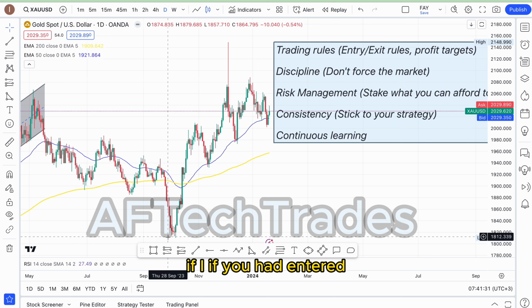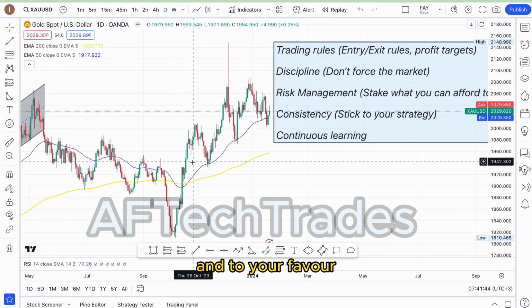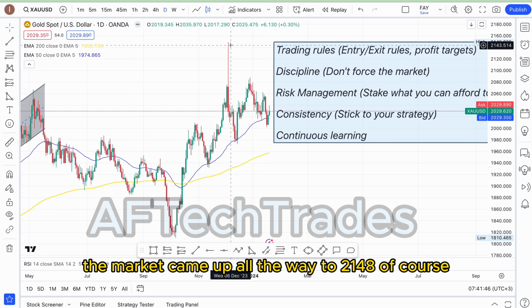If you entered a trade here at 1812, let's say you stake $100. You enter a trade here with a good lot size, and to your favor, the market came up all the way to 2148.